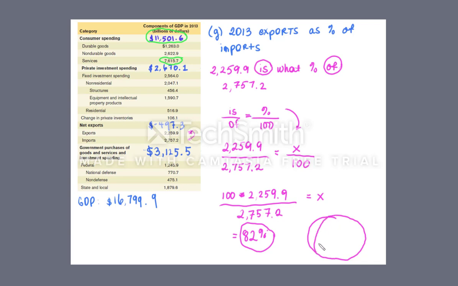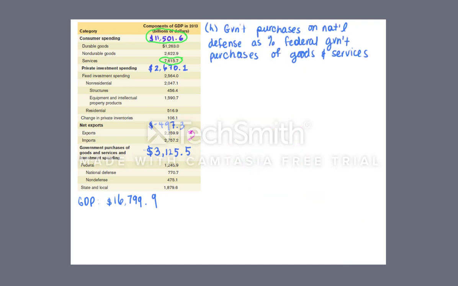Part H asks us to consider government purchases on national defense as a percentage of federal government purchases of goods and services. So what we're effectively considering here is this number here and asking what percent of federal government purchases of goods and services. So what percent is this number of this number?